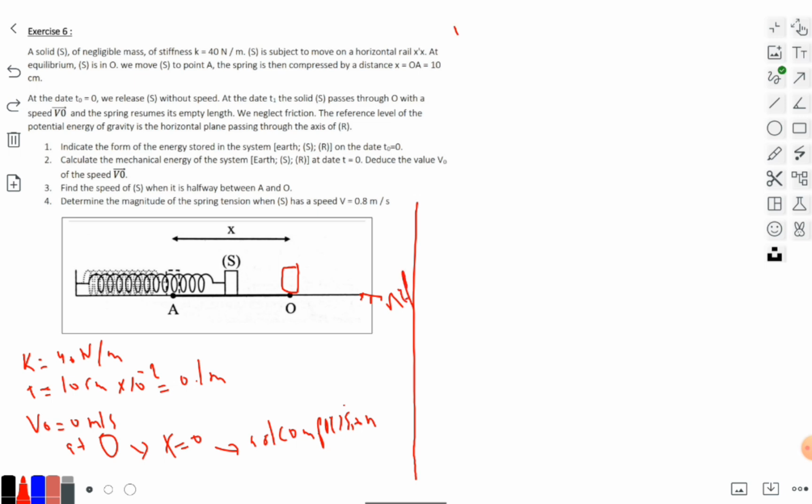Part 1, indicate the form of the energy stored in the system Earth, S, R on the date t0. When the velocity is equal to 0, kinetic energy equal to 0. And when the object is on the reference, the gravitational potential energy equal to 0, then the energy stored is elastic potential energy.